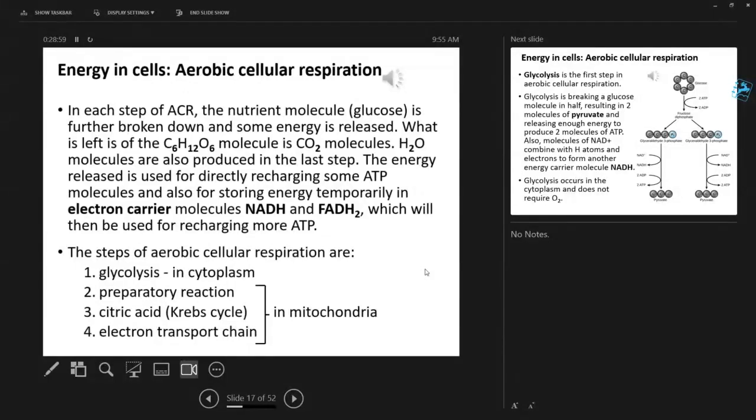Before we look at these, we need to mention these 2 molecules called NADH and FADH2. Just think of them as energy storage molecules, like rechargeable batteries, just like ATP. That's how they're used in this process.